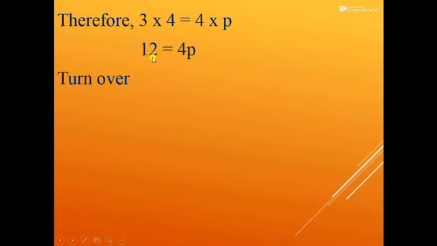There is a difference between turning and moving. When turning this equation, nothing changes. So when you turn this equation, what we now have is 4p is equal to 12.